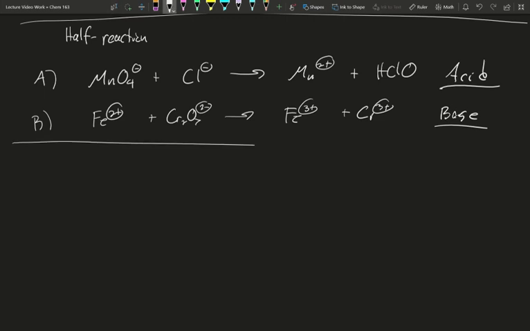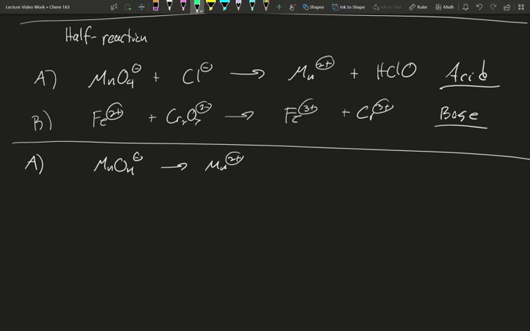All right, well, if you're back, let's start with A. I'm going to go through an acidic environment for permanganate and chloride reacting. First off, let's do our half reactions of the permanganate. MnO4- is going to become Mn2+. If we want to solve the change in charge, well, each oxide is going to be a 2-.